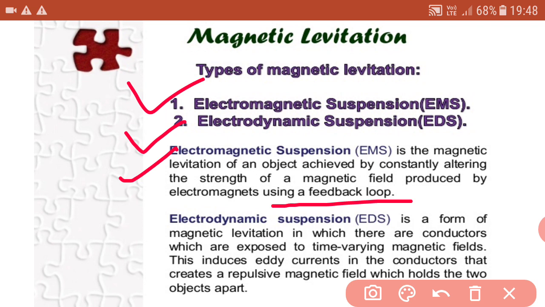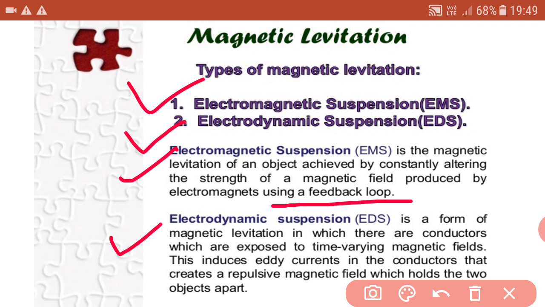So in this type of case, the object is levitated by constantly altering the strength of the magnetic field. It means there is no constant magnetic field. We are altering the strength of the magnetic field, and for that we are using a feedback loop.